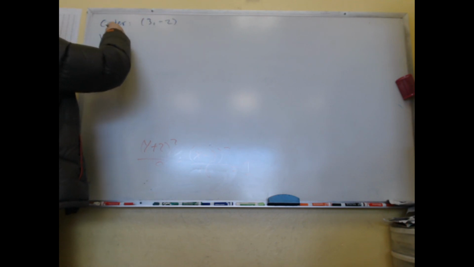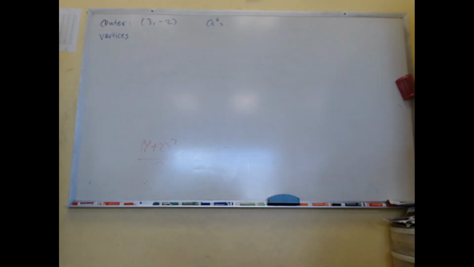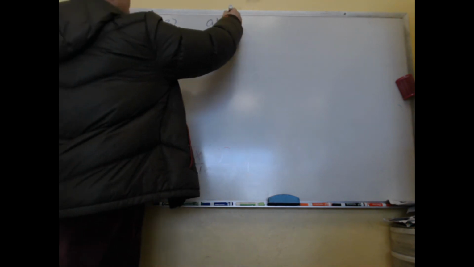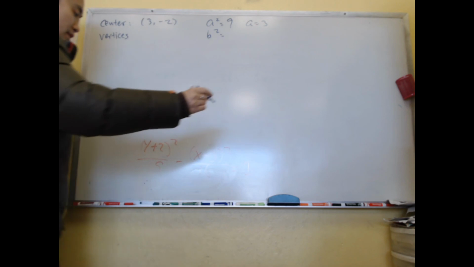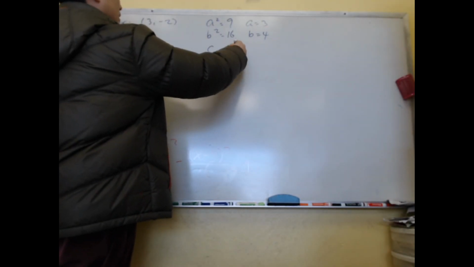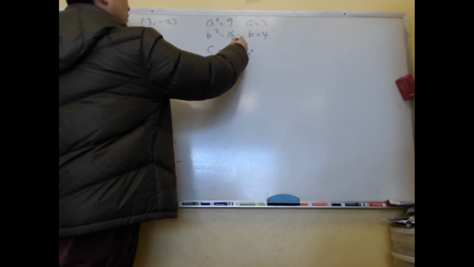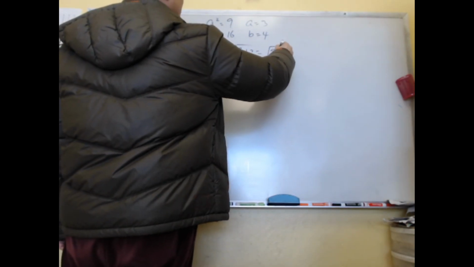Vertices. Well, a squared, what's the value of a squared here? 9. So that means a is 3. b squared is 16, so b is 4. And then c is the square root of a squared plus b squared, which is 5.